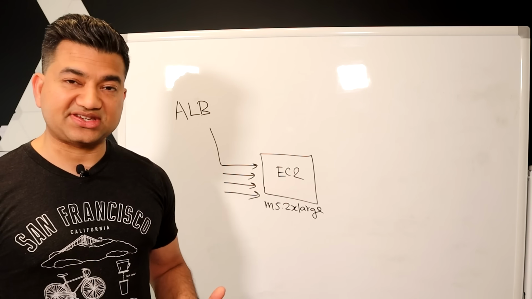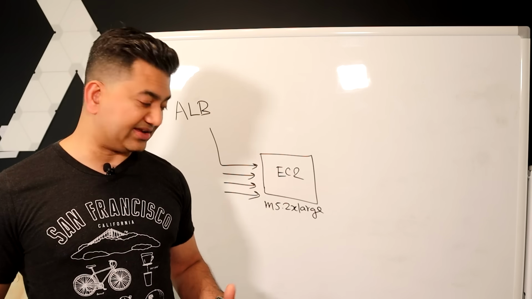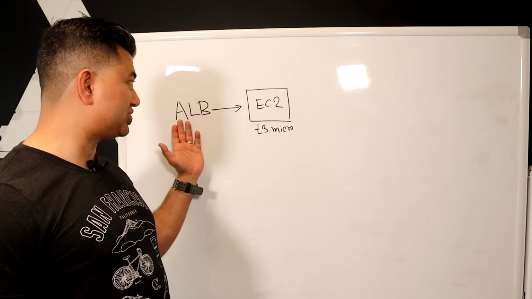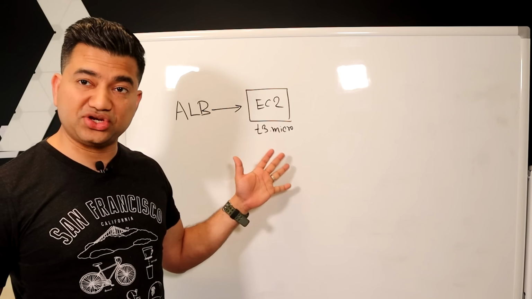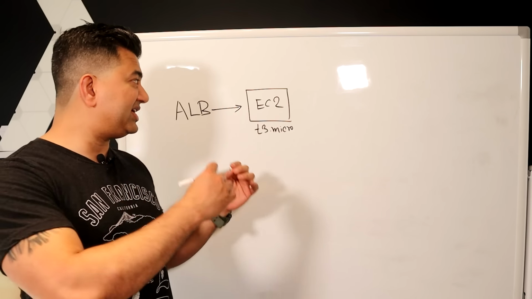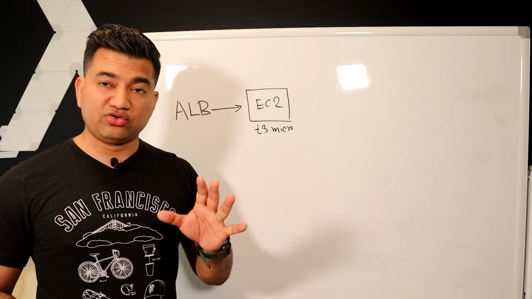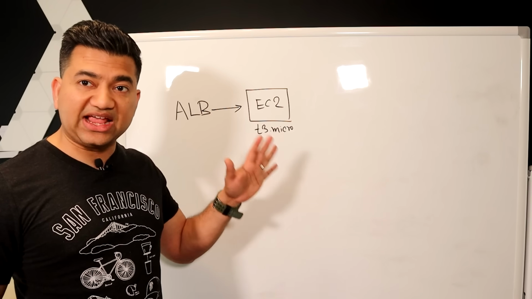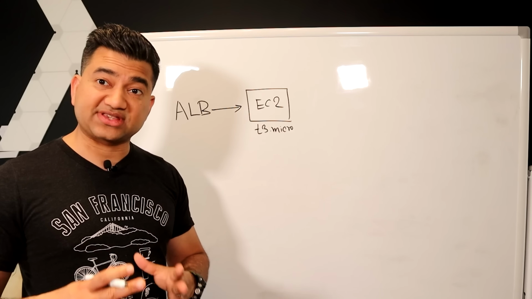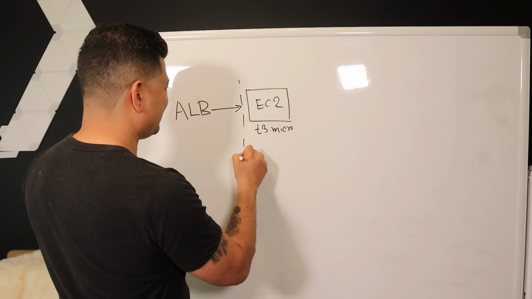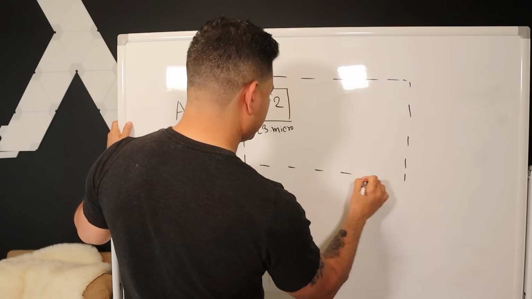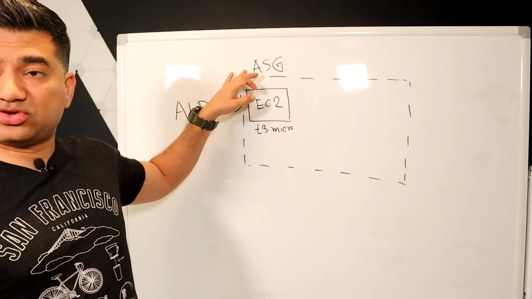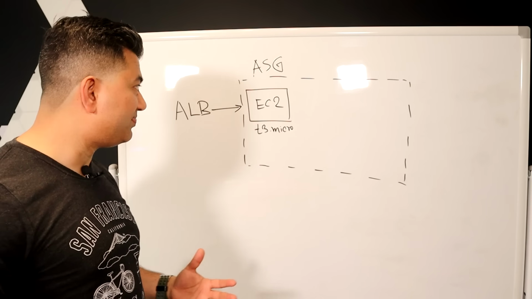Alright, so now let's take a look at horizontal scaling. In this case, the application load balancer is pointing to EC2, but instead of pointing directly to this specific EC2, the application load balancer will actually point to an auto scaling group. So we wrote ASG, or auto scaling group.